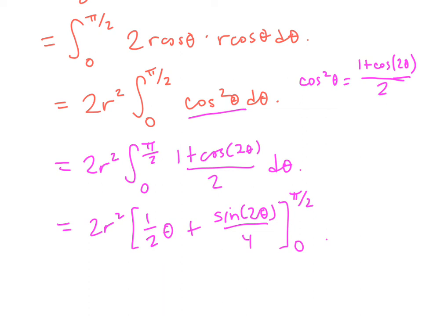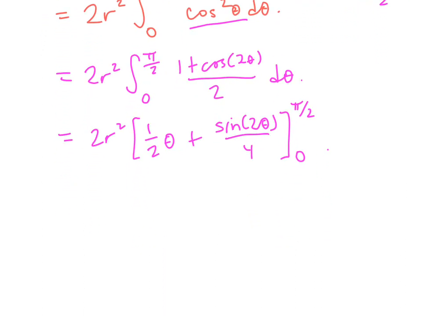Now the wonderful thing about this is, this part actually isn't going to matter all that much. When I let theta equal 0, this is 0. When I let theta equal pi over 2, well, this becomes a sine of pi here, because it's 2 times pi over 2. Sine of pi is also 0. So that works out just magnificently there. But anyway, I'm going to go and write down the whole thing so we have it in front of us.